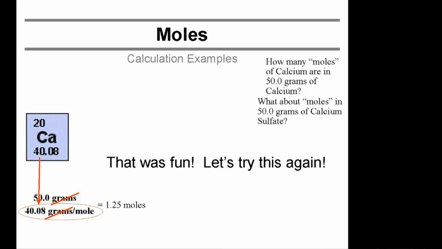Now, in comparison, what if we made a substance called calcium sulfate, and we have 50 grams of that? How many moles would be in 50 grams of calcium sulfate? Well, calcium sulfate, of course, is a compound of some sorts that is not on a periodic table.